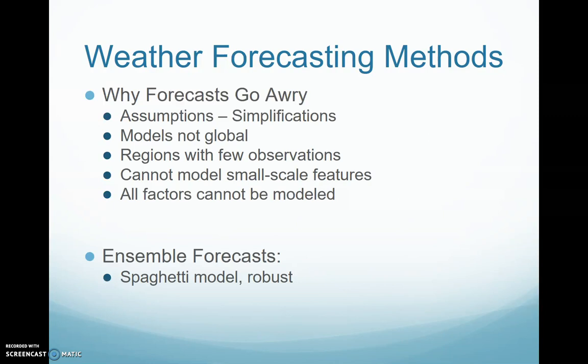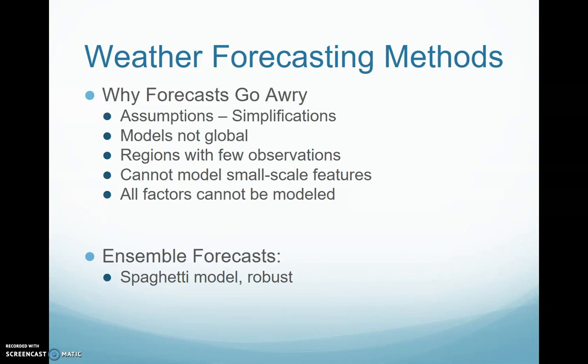In addition, there are certain regions where there are very, very few observations. A good example of this would be desert regions, or the poles, for another example. Middle of the ocean. There are so few stations in these areas that we can't get enough observations to make a viable forecast.